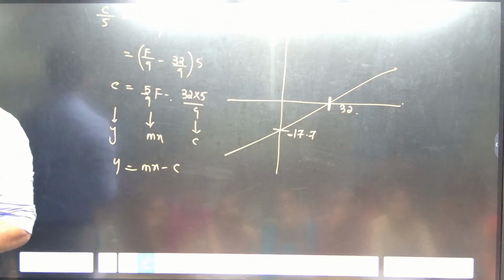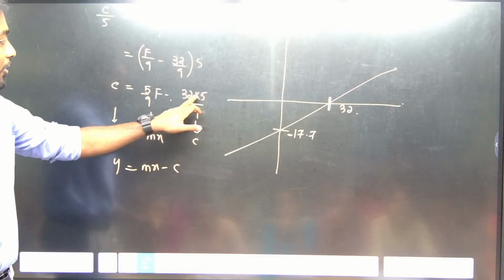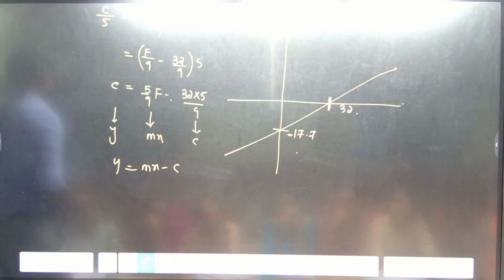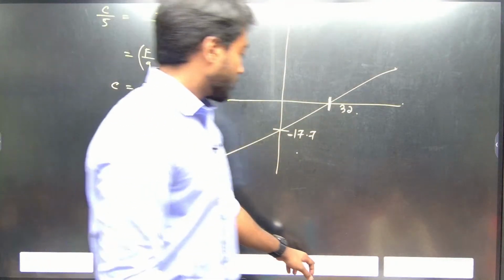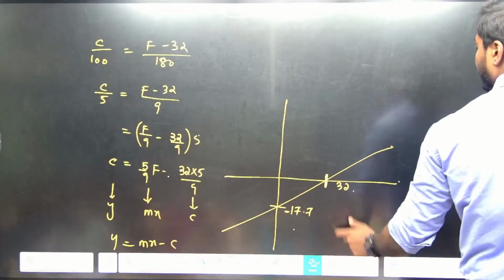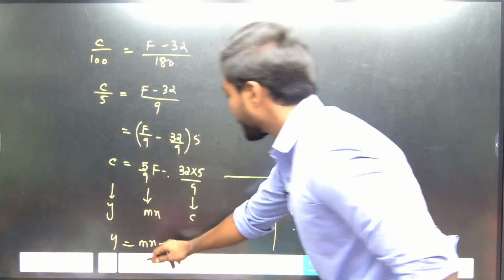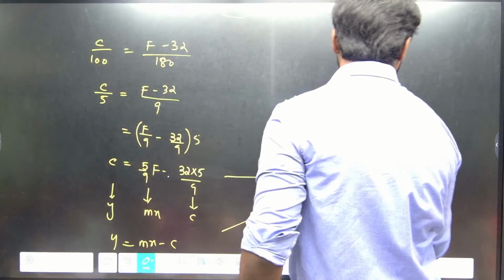Okay, take down. If you divide 32 into 5 by 9, you will get minus 17.7. So this axis is Celsius and this is Fahrenheit.